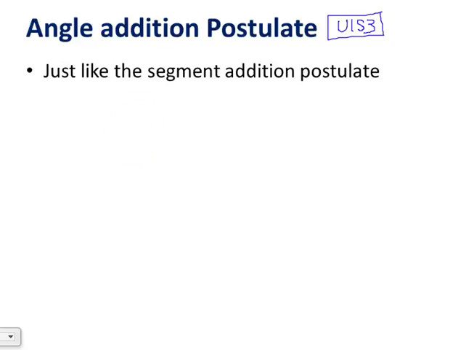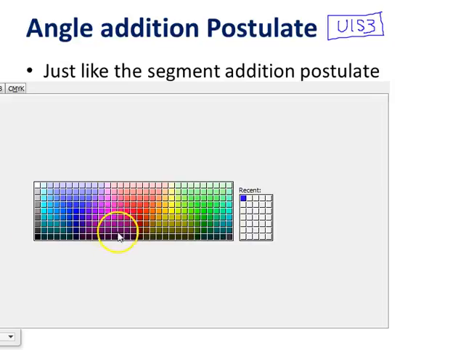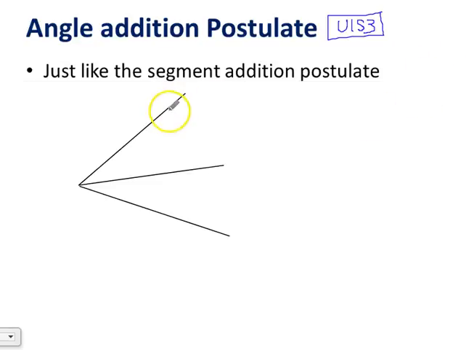So let me go ahead and draw an angle in here. Actually, if we look, it's a couple of angles. And let's talk about how we name angles first. We name angles by using the points on the angles.